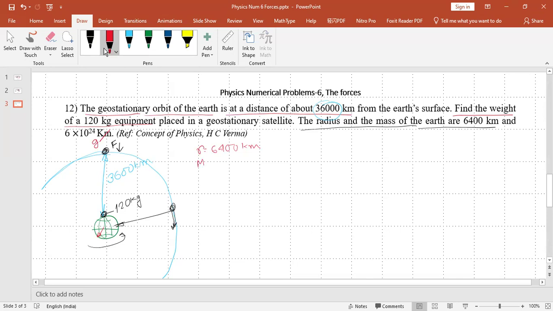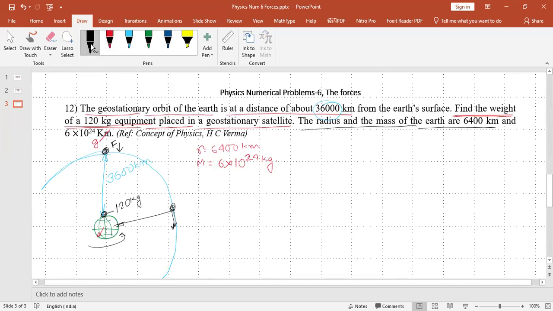And the mass of the Earth is 6 into 10 to the power 24 kg. The question is, find the weight of the body when it is at the geostationary orbit. That means what is the force F1?